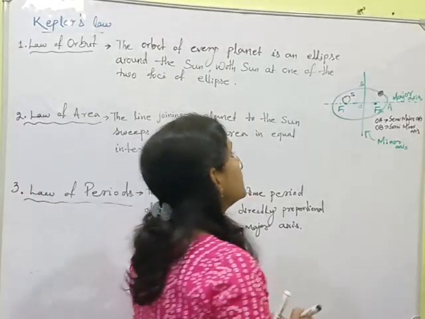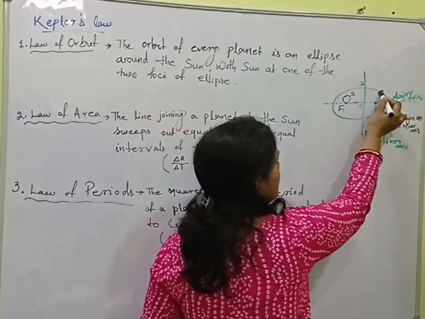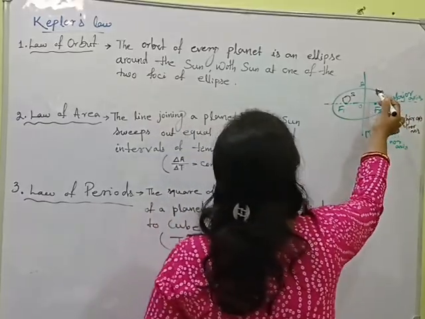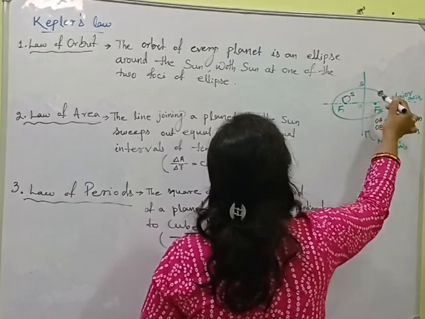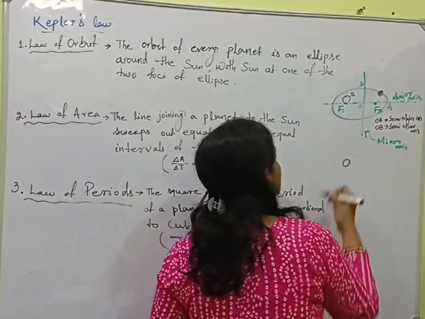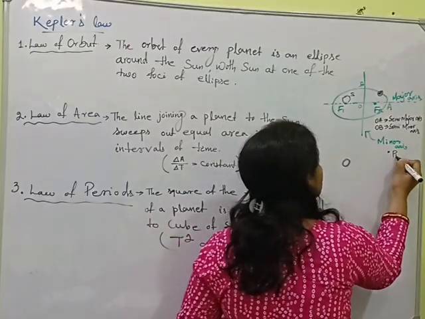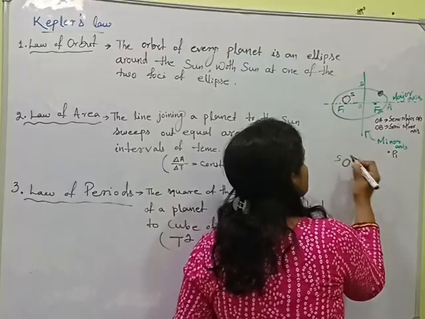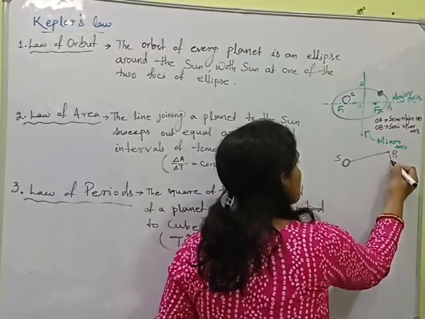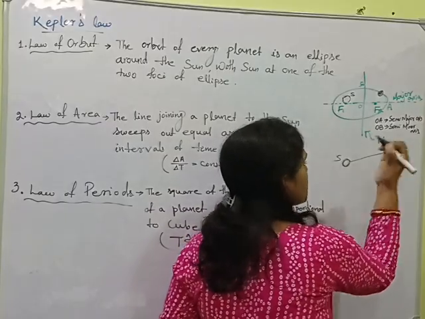The meaning is: if this is the position of the Sun, and the planet is at P1 in this elliptical orbit, then after some time the planet will be at another point P2.